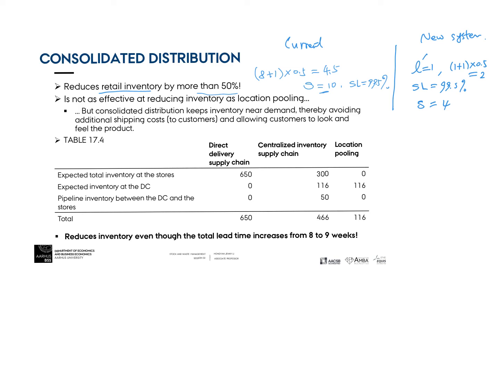So if it's possible, you can always use location pooling to analyze this problem. However, consolidated distribution keeps inventory near demand, thereby avoiding additional shipping cost and allowing customers to look and feel the product. That's the advantage when you think about adding an extra distribution facility.